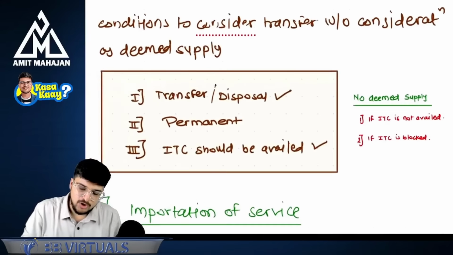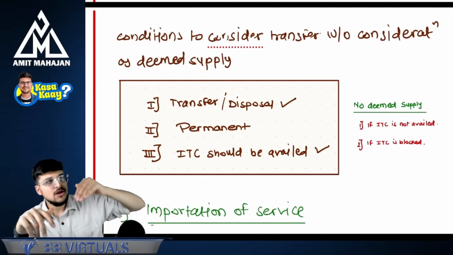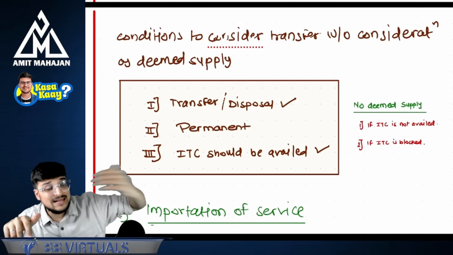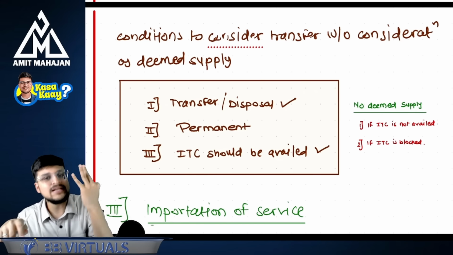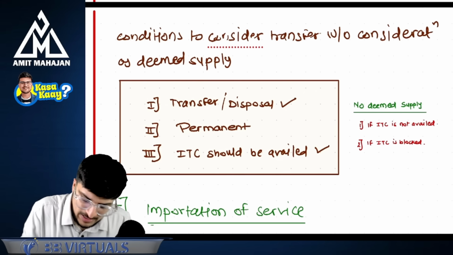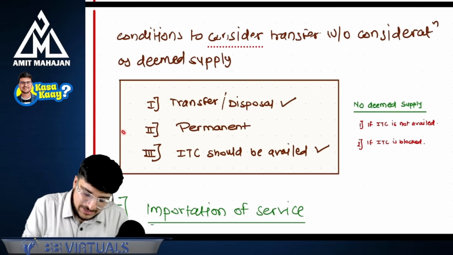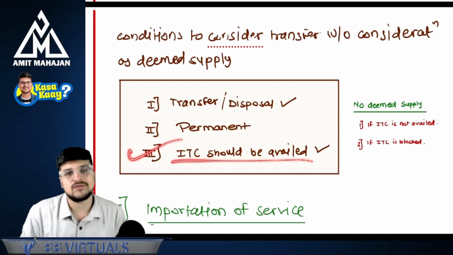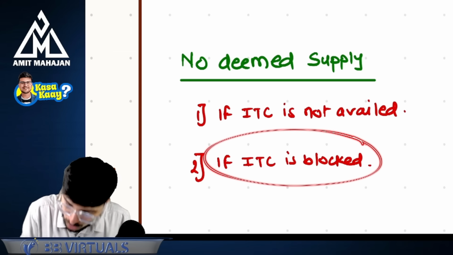So 3 conditions you are going to remember for theory purposes. If you're transferring any supply or making any transfer without consideration, and these 3 conditions are satisfied, it will be considered as supply. There has to be a transfer or disposal. It has to be permanent in nature, and ITC should be availed on that. In the ITC chapter, you will find certain points. It will not be considered as deemed supply if ITC is not availed and the ITC is blocked.